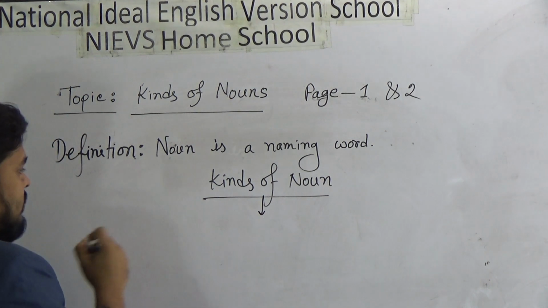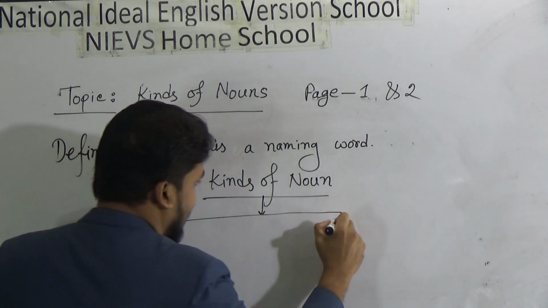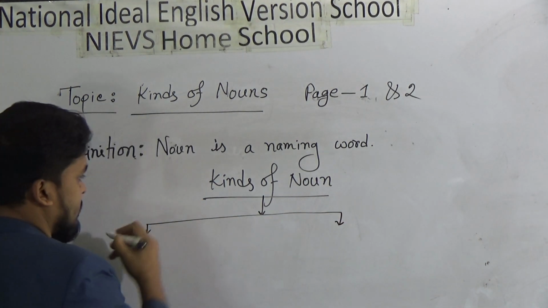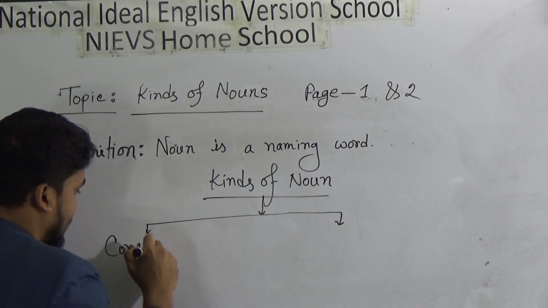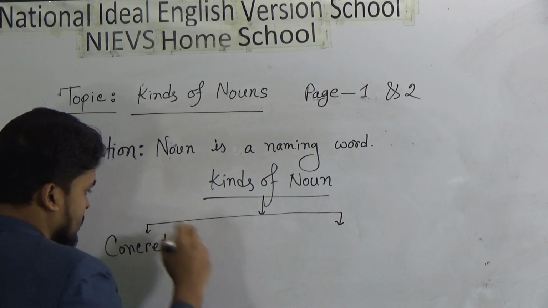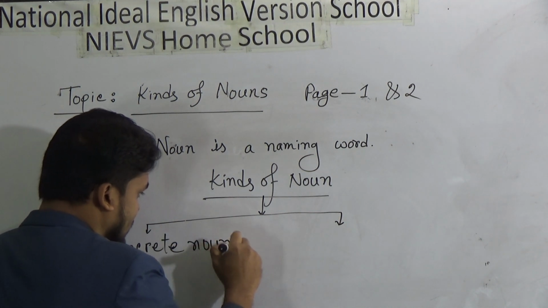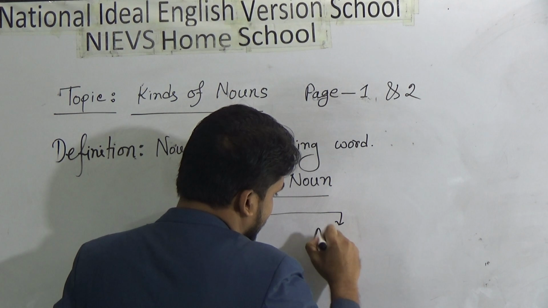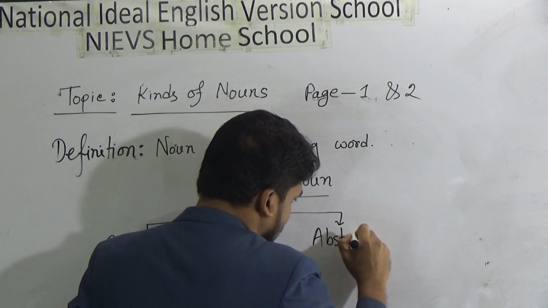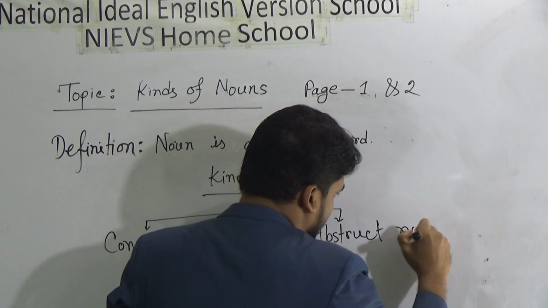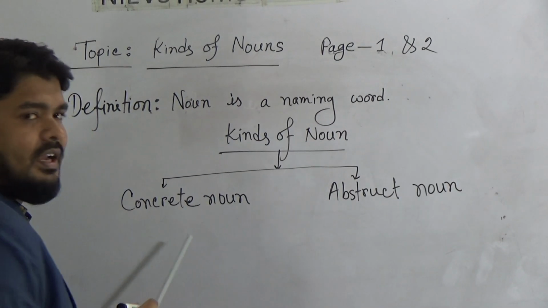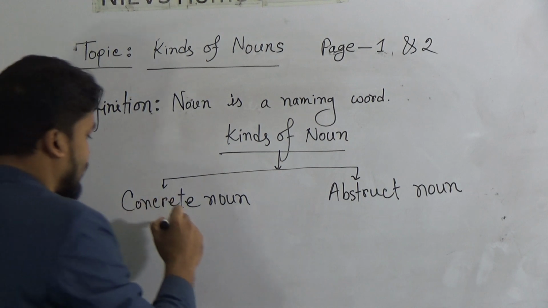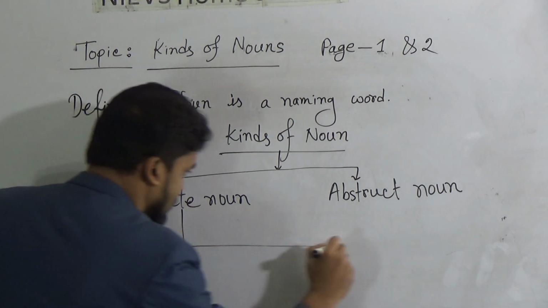Dear students, we know that noun is mainly two types. First of all, concrete noun, and second is abstract noun.